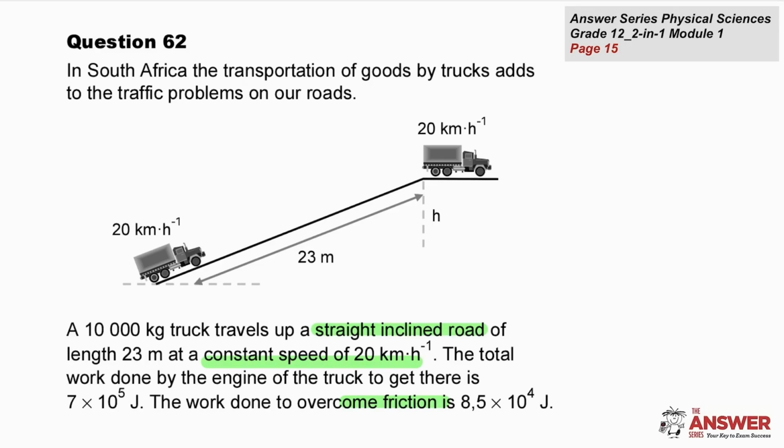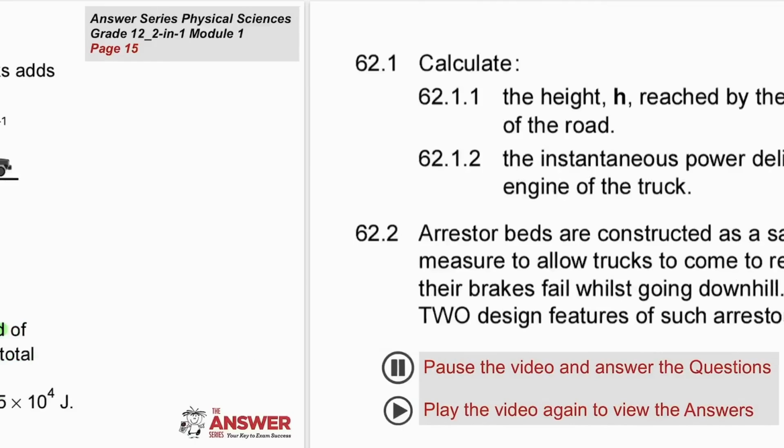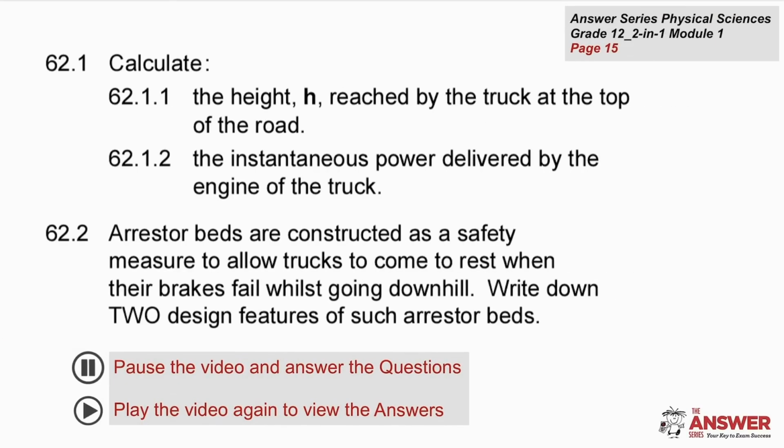So the engine of the truck has to provide enough energy per second to balance out these other energy transfers. Calculate the height h reached by the truck at the top of the road and the instantaneous power delivered by the engine of the truck, and then write down some features of arrestor beds.